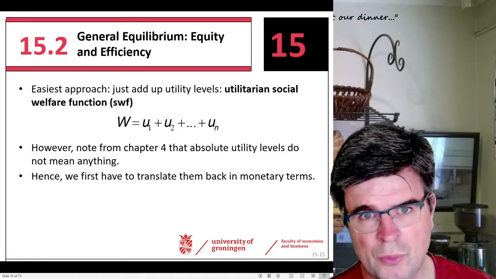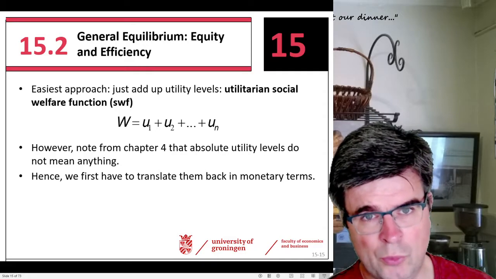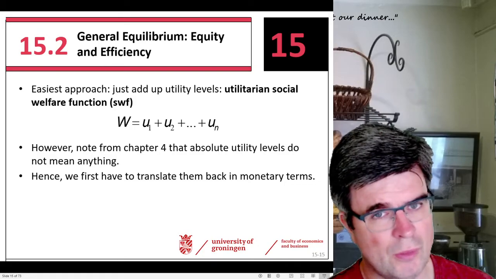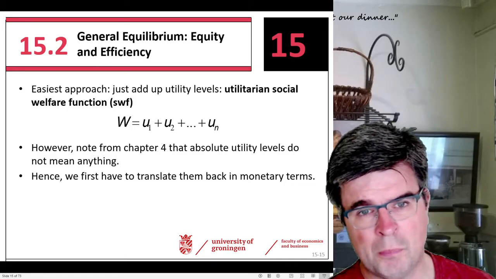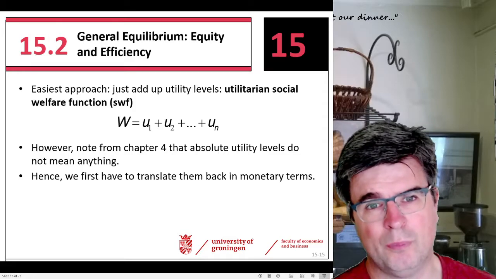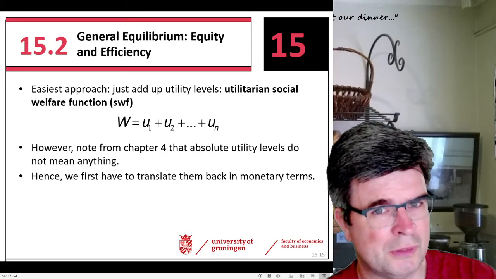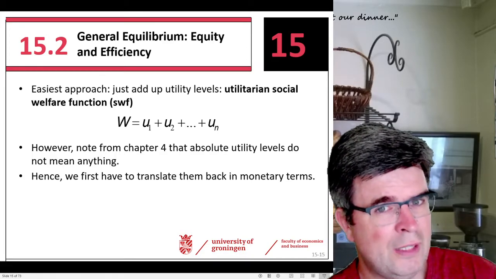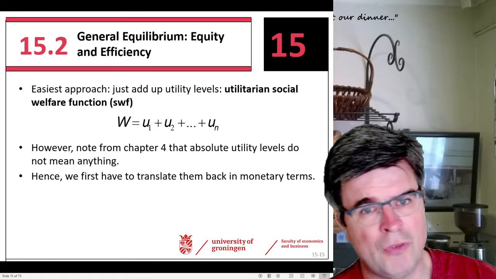What we need to do is to translate all these utility levels back into monetary terms. If you prefer A to B, how much money are you willing to give up in order to have A instead of B? Once we know that one individual is willing to give up $2 and another person is willing to give up $3, then we know that together these individuals are willing to give up $5.